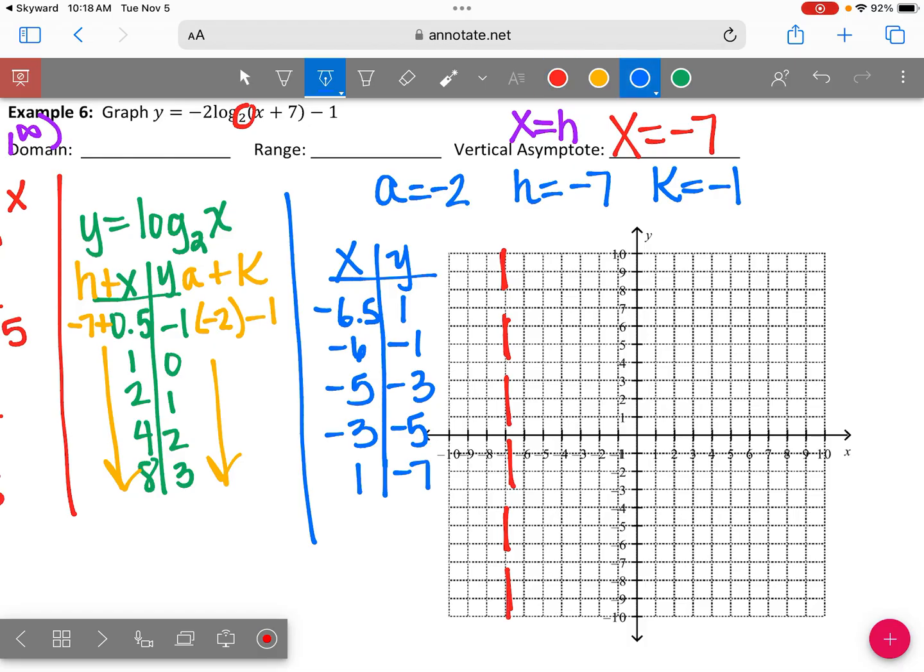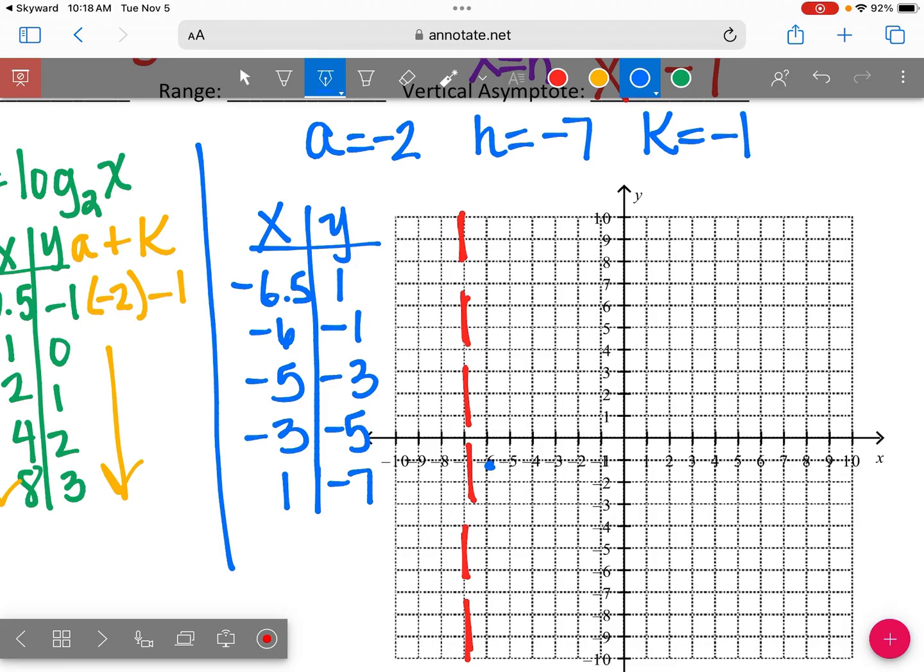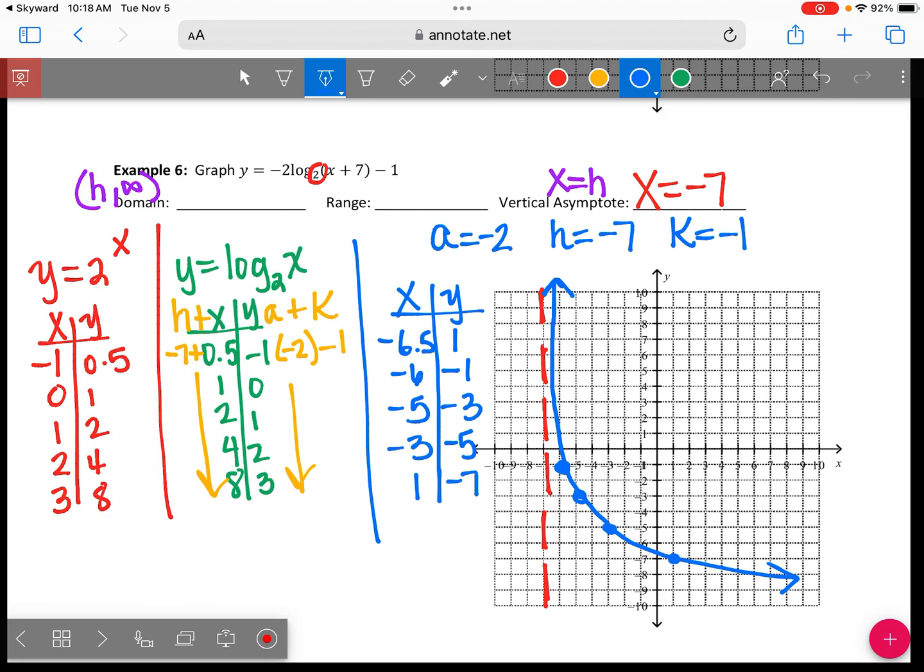So let's go ahead and plot our points. And even though this graph is reflected, it still does not cross the wall. So the graph is reflected, but it's still on the right side of the wall.